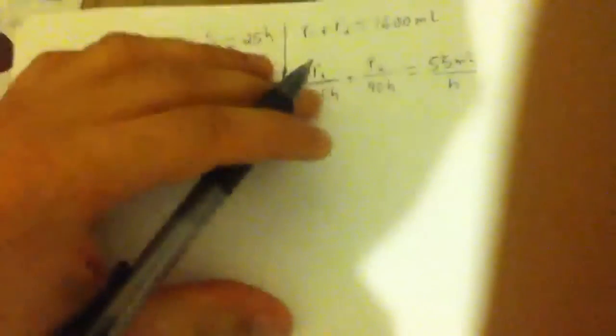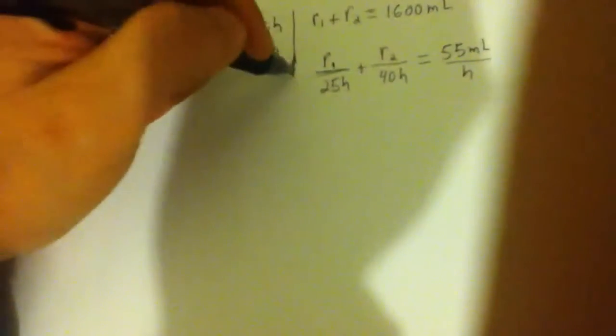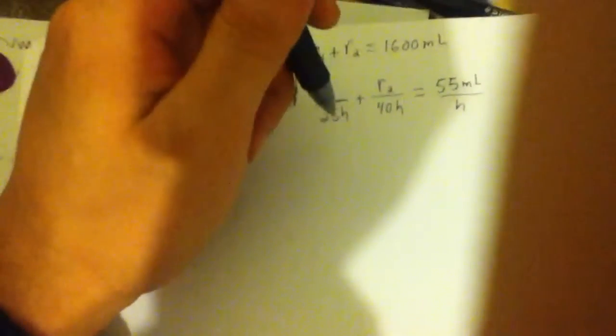Okay, so now we've got this main equation, and it's an equation in two variables, R1 and R2, so we would like to have it in one variable so we can solve for it.